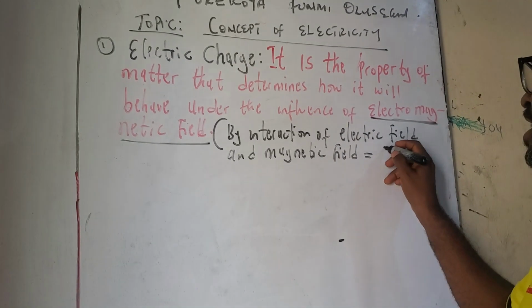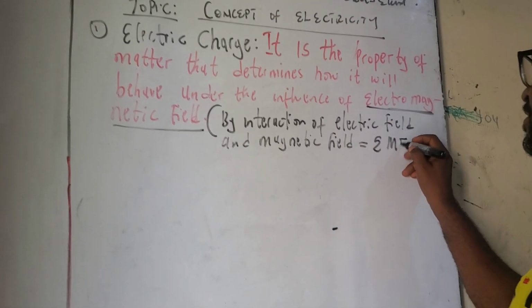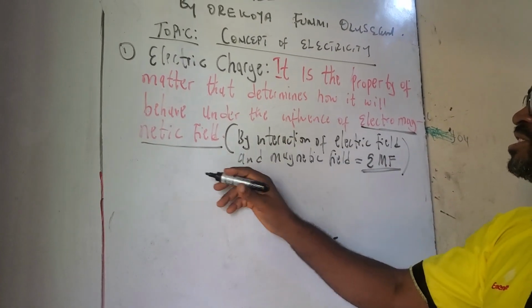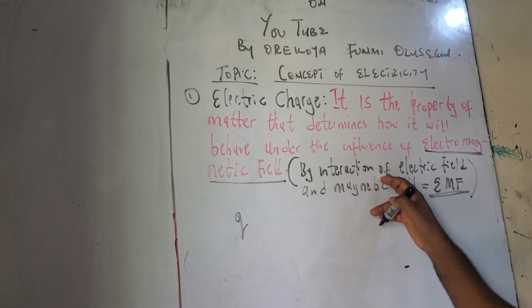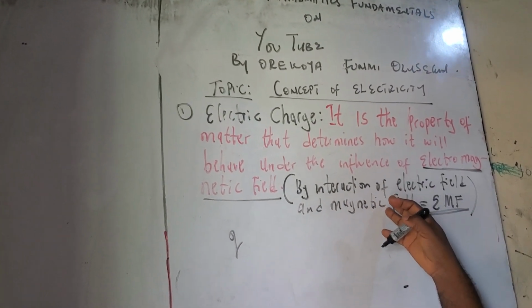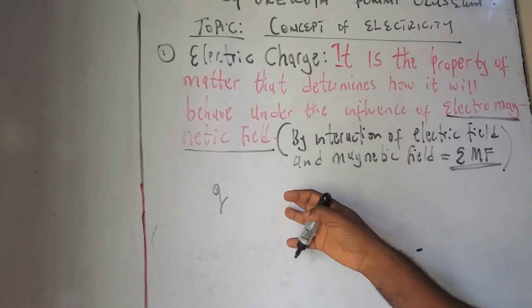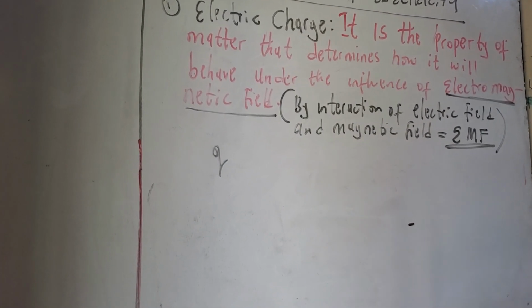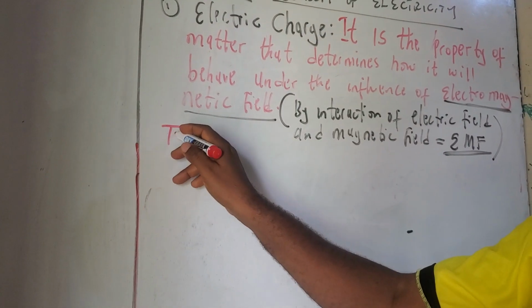So that's the meaning of electromagnetic field, the combination of electric and magnetic field. So when charge Q is placed under this particular electromagnetic field, it will behave in somehow due to the charge on Q. Now, I want to introduce the concept of a test charge.